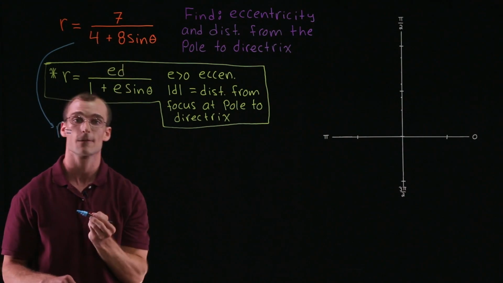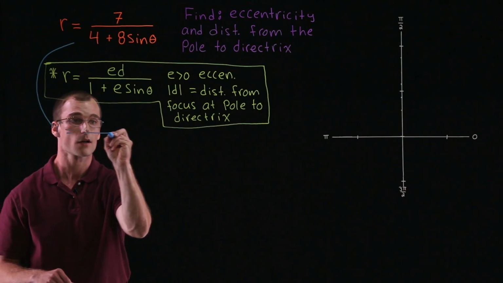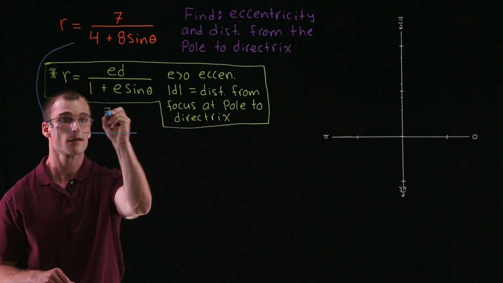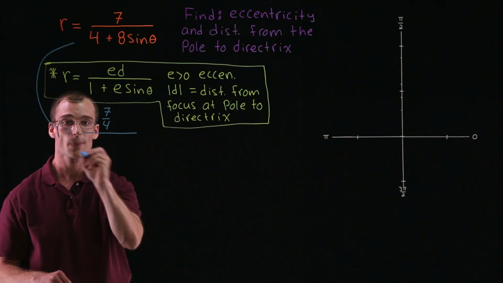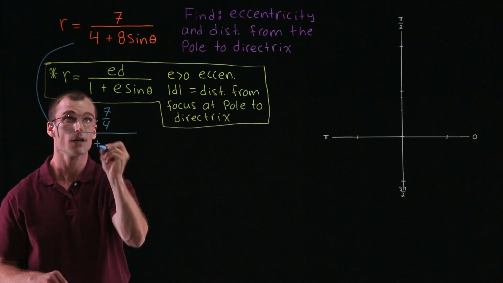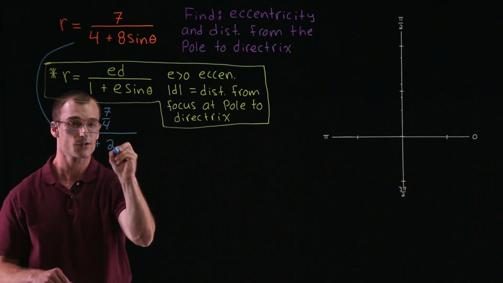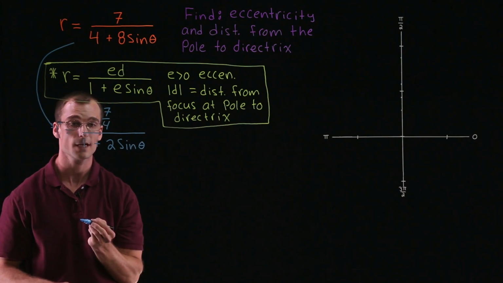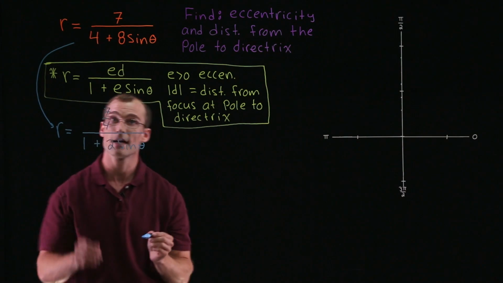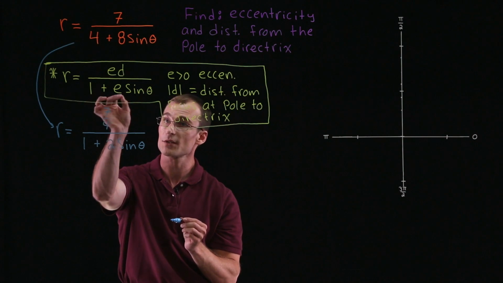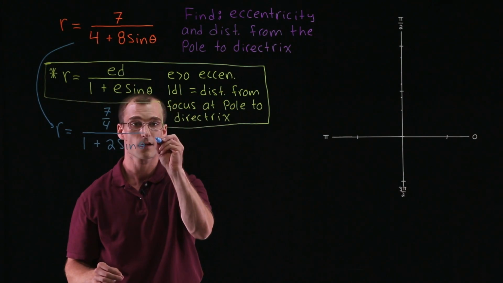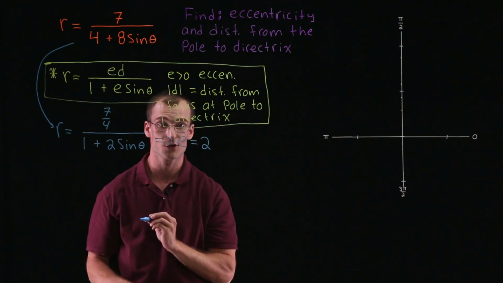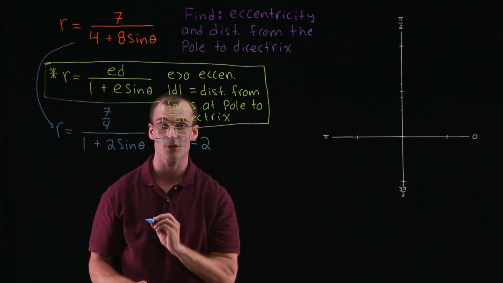So r is going to be equal to 7/4 on top, and the bottom will be 1 plus 8 divided by 4, which is 2, times sine of theta. Just looking at the denominator, that's exactly in the form we want: 1 plus some number times sine of theta, where that number is 2. So that's our eccentricity.